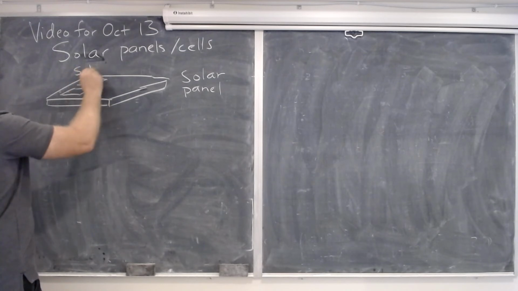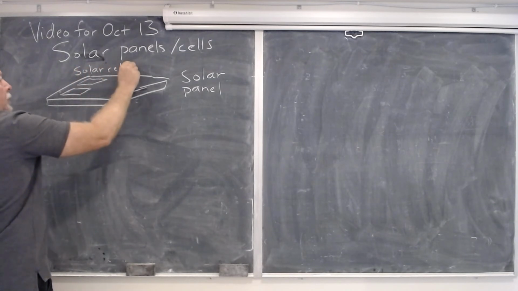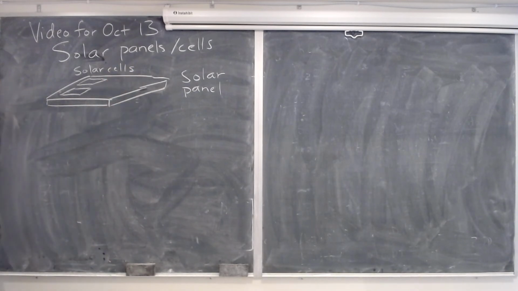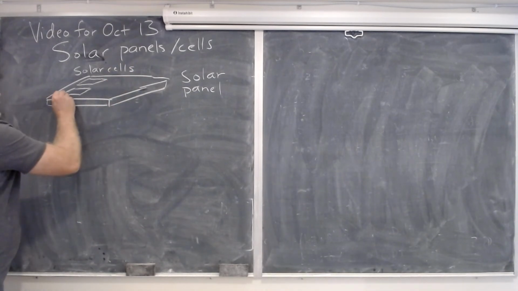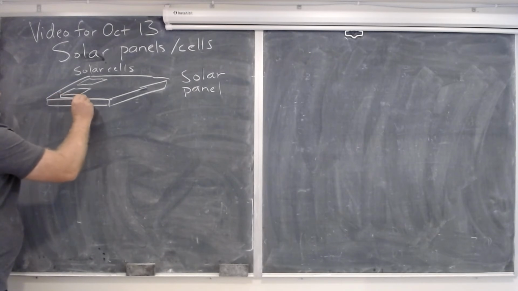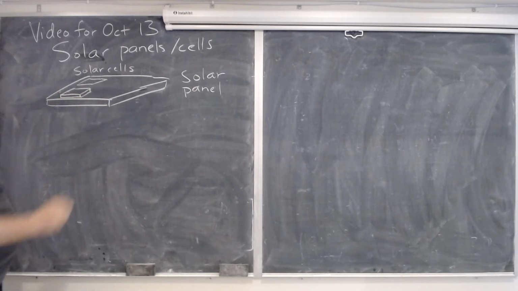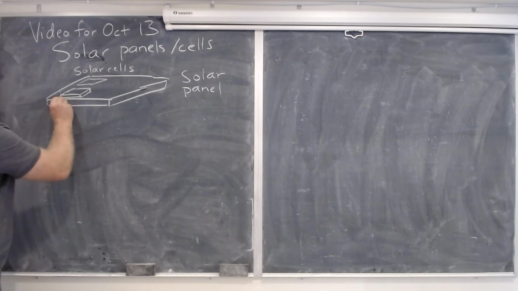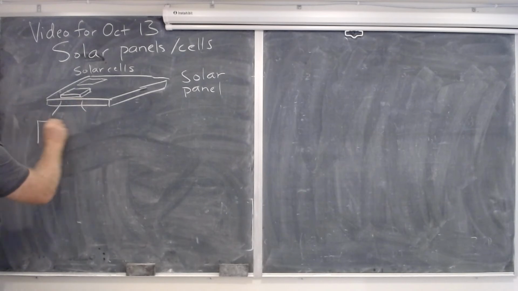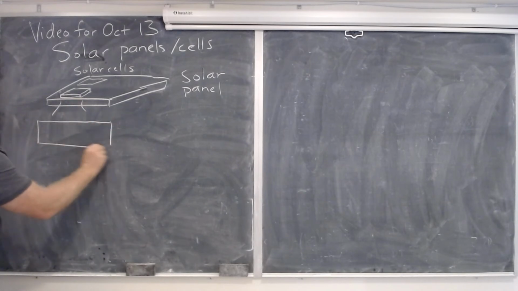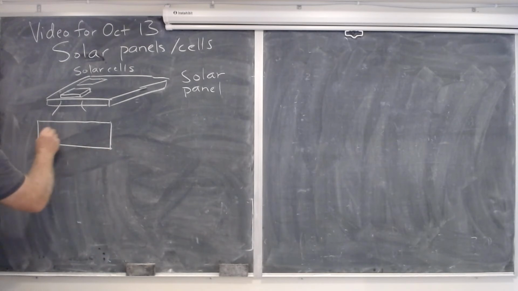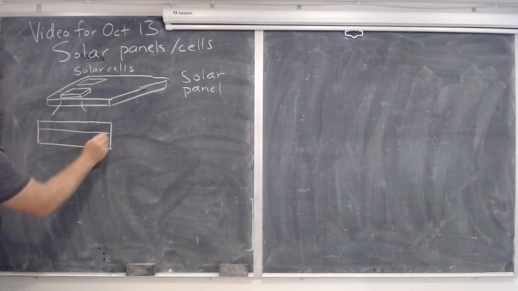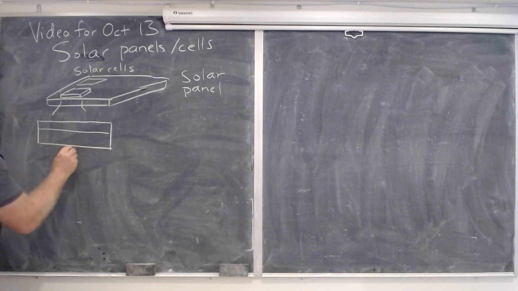So we're going to describe today how the solar cells work, and if I take this solar cell and make it a little bit bigger here, what you will see today is this solar cell consists of two layers of material that are called N-type and P-type.